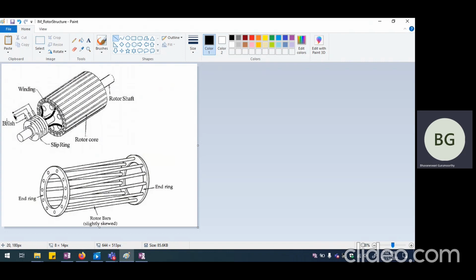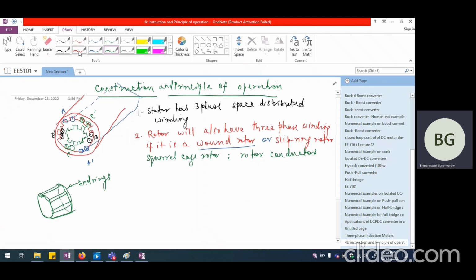And from here, we are going to take out the connection externally. If we want to draw the wound rotor construction, we have to show the three-phase windings somewhat like this. These are the three-phase windings, which are arranged very similar to the stator arrangement. And here is the shaft. Around the shaft, I am going to have one ring, which is for A phase. I'm going to have the second ring, which is for B phase.